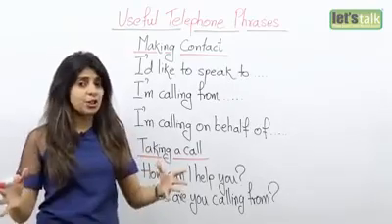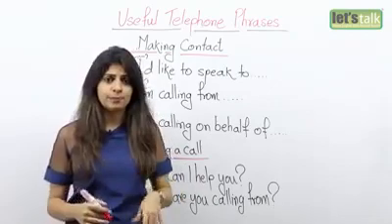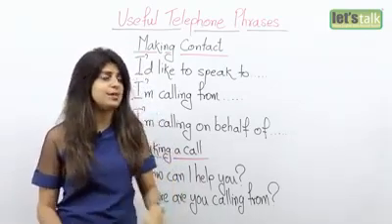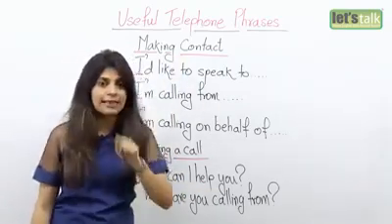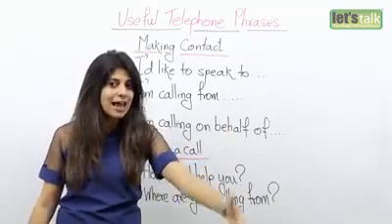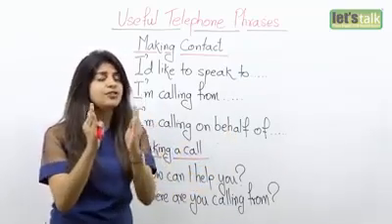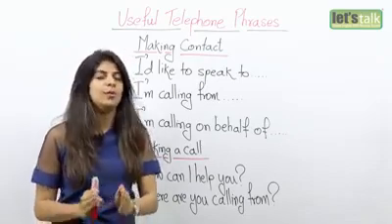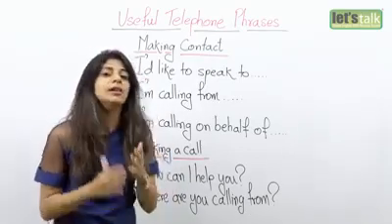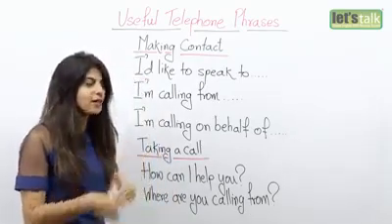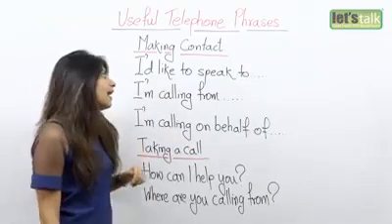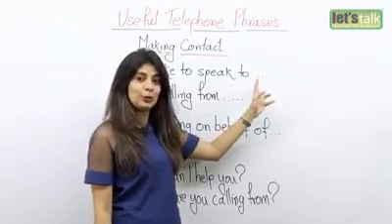So imagine you are the caller. The first thing that you do is you dial the number and you make contact. And what's the first phrase that you would use? Well, of course, you're going to say hello. But then after that, what follows is, hello, I would like to speak to.